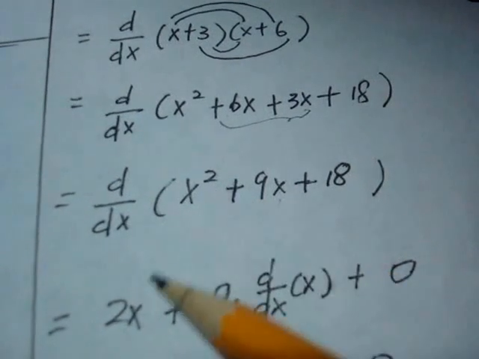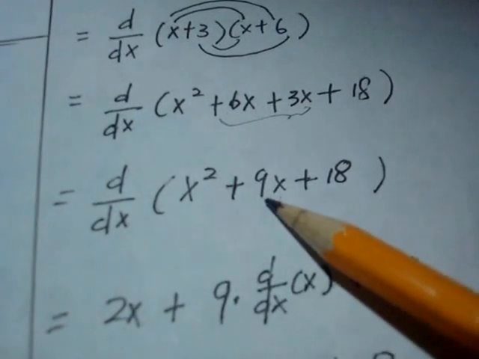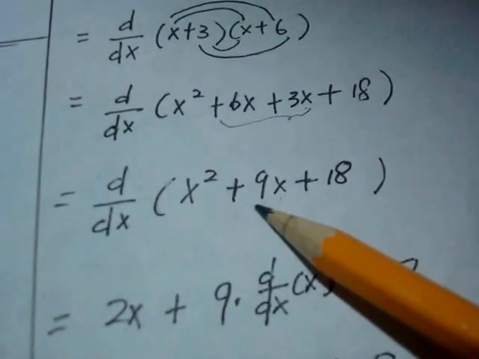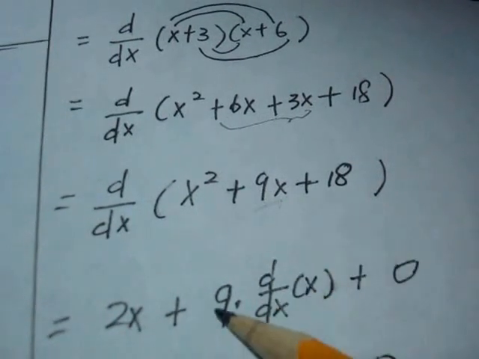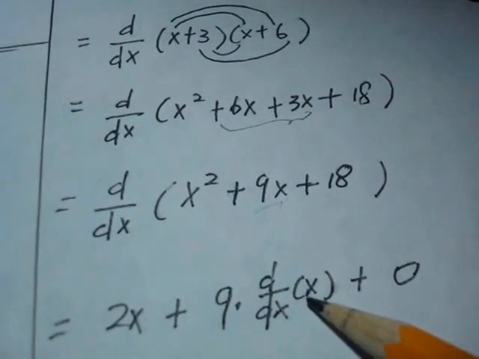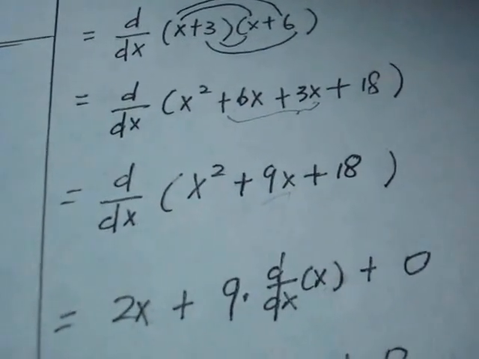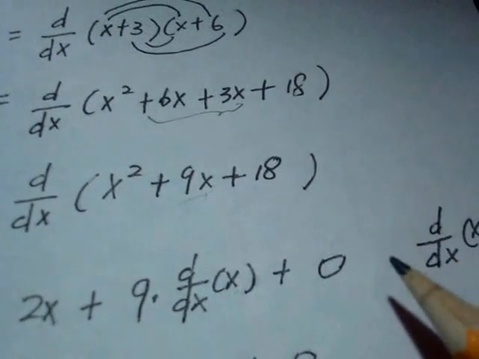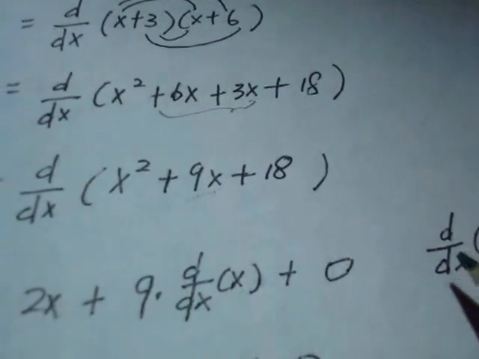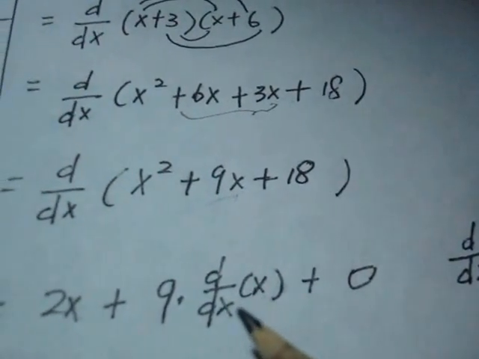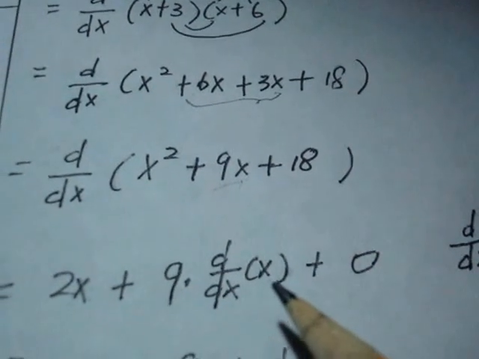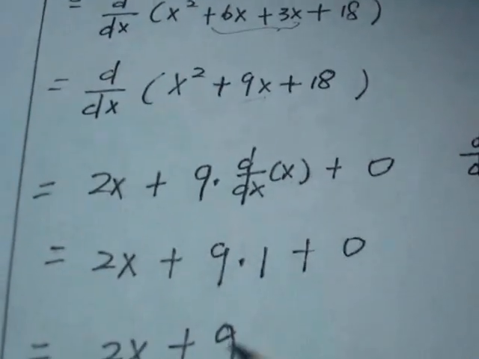And as for the exponent, you minus 1. And when you have this form, you always take out the 9. Then you take the derivative of the variable. Taking the derivative of x, it always equals 1. So the answer will be like this.